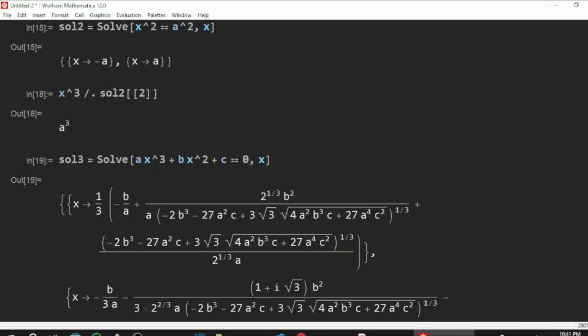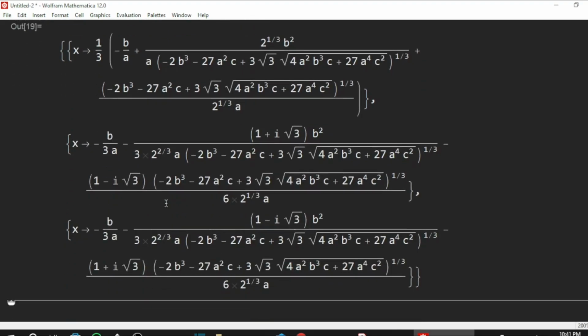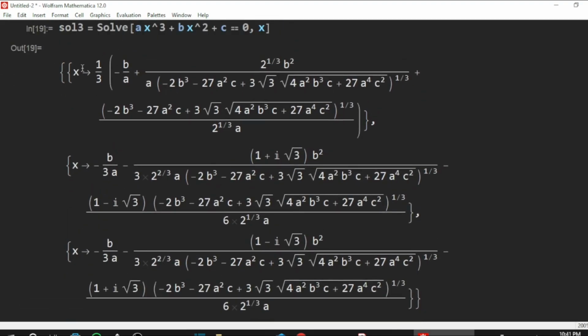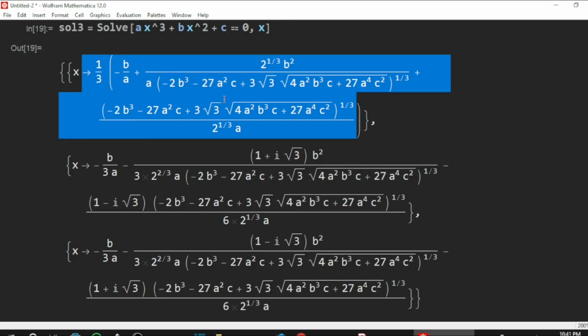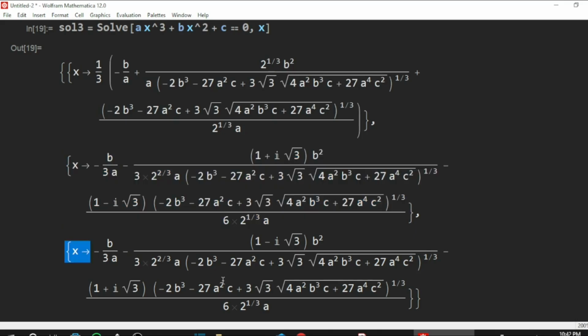Now if I run this, you see Mathematica has found three values.